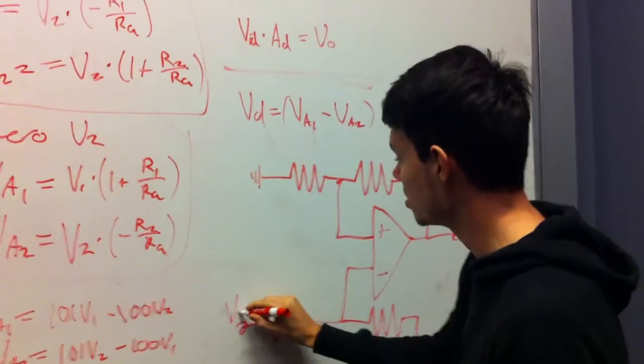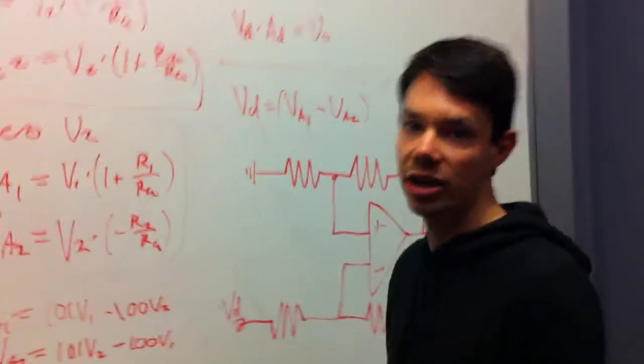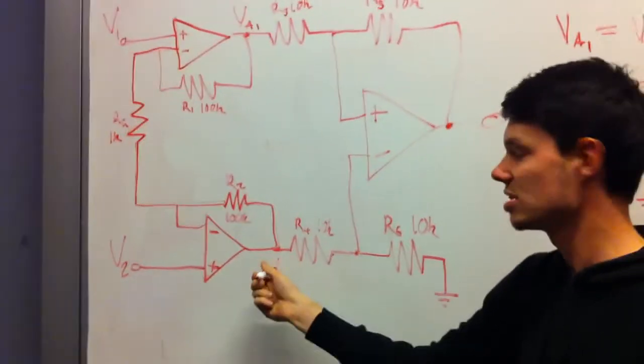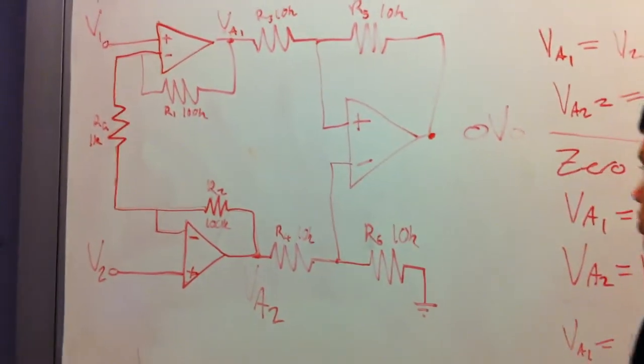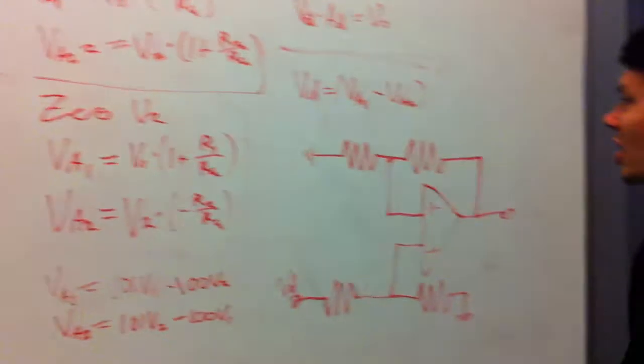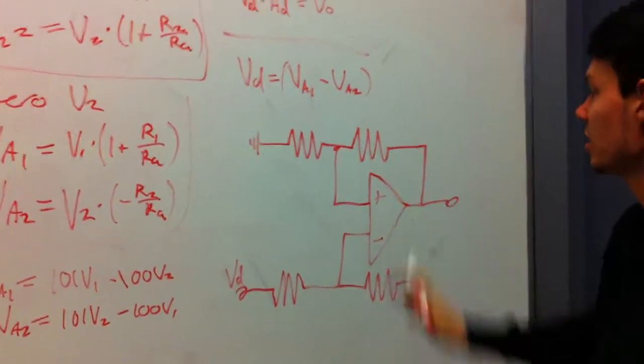This will be V here. If we're looking at the difference between the two sources, if we zero this, this is going to become the difference between the two sources, VD, and that's ground. That makes the last one here easy to work with.